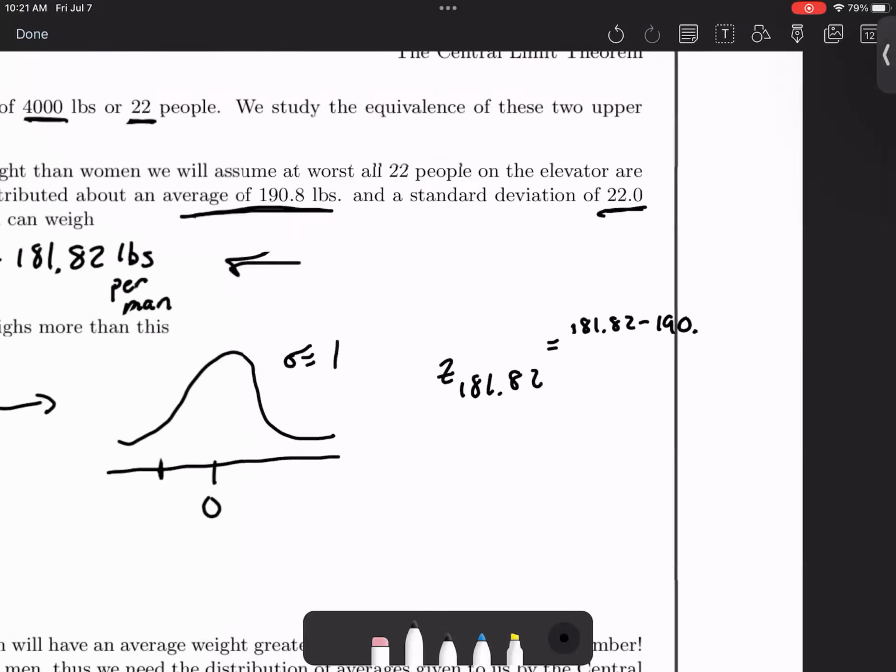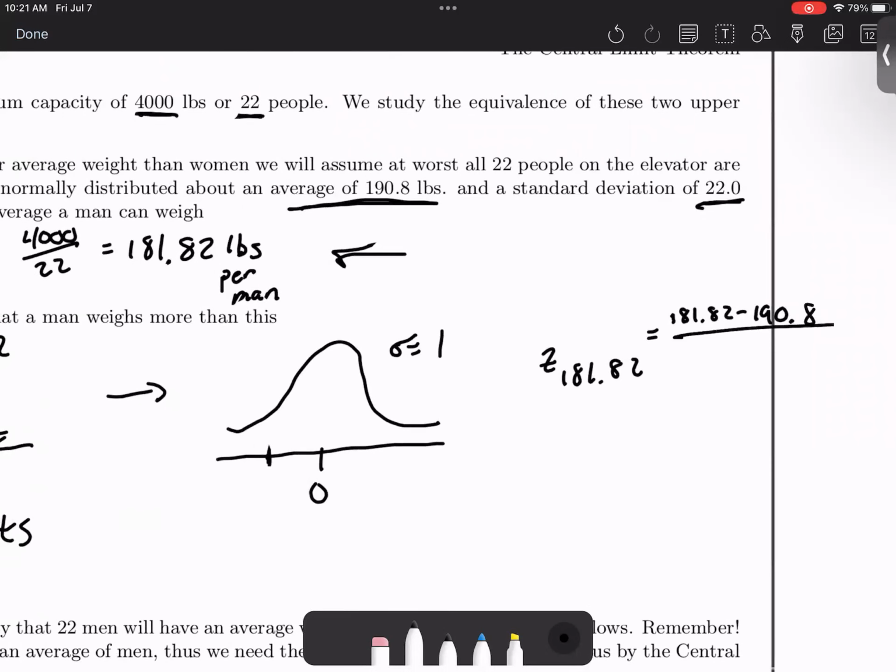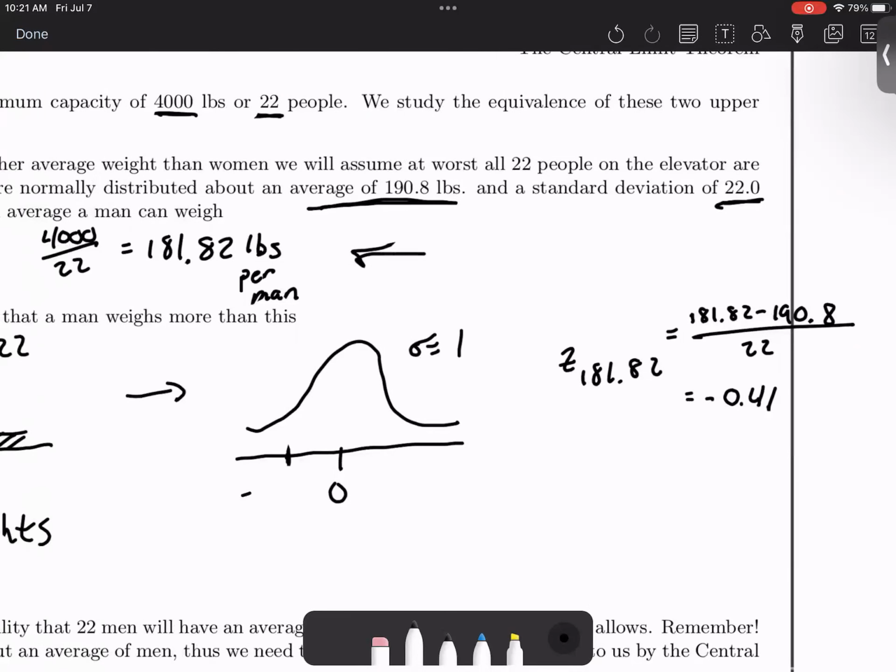What was the average? 190.8, divided by the standard deviation of 22. So we have a z-score of 0.4, oops, should be negative. Let's say minus 0.41 after rounding. So this point right here is minus 0.41.